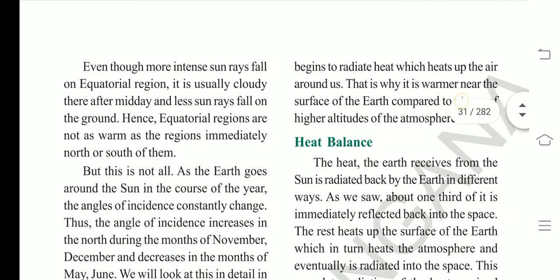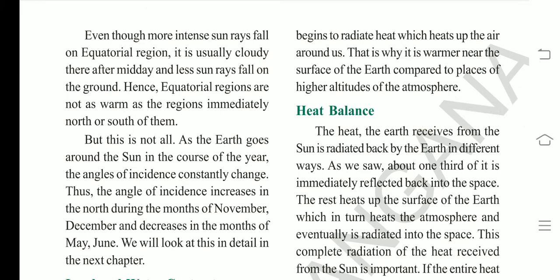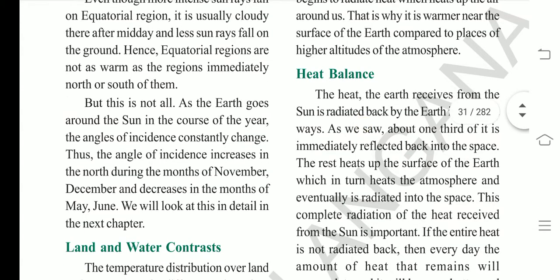At the equatorial region, we see temperature is high and rainfall is also high, so that it turns into a low pressure belt. As the Earth goes around the sun, we see that the angles of incidence constantly change. That means the sun rays falling on Earth's surface will change, moving from the equator to the north or south pole as the Earth rotates.